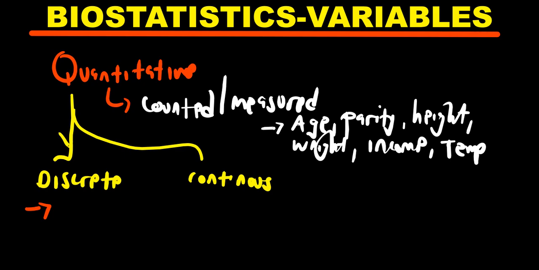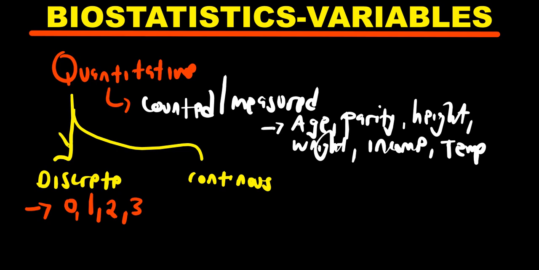So discrete variables will assume specific values in an interval. For example, you only have 0, you only have 1, you only have 2, you only have 3. It's just a specific number. They only assume values that are countable and they have gaps in between them. Maybe it's a range, but you just only want 2. It's a specific value.